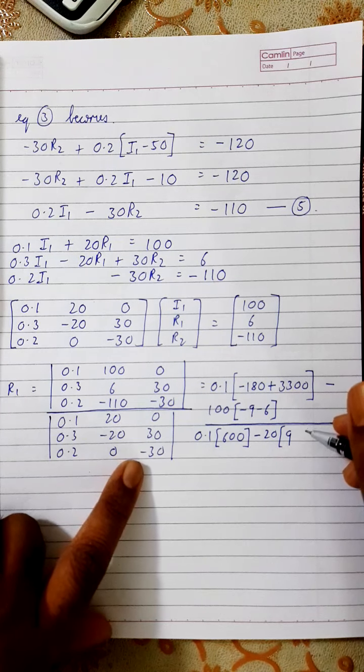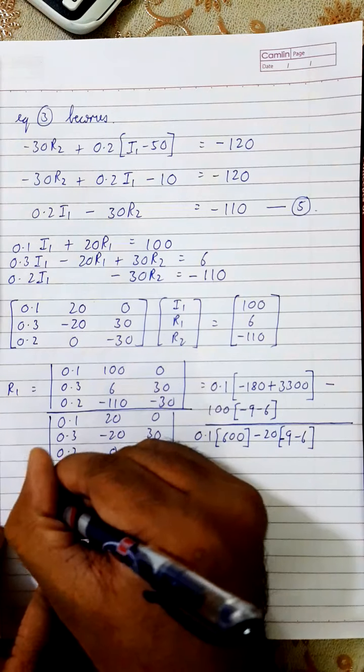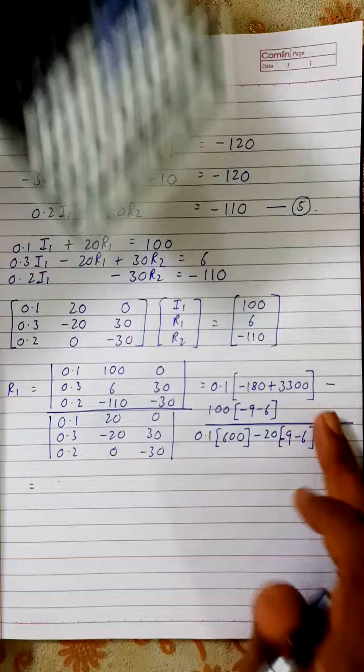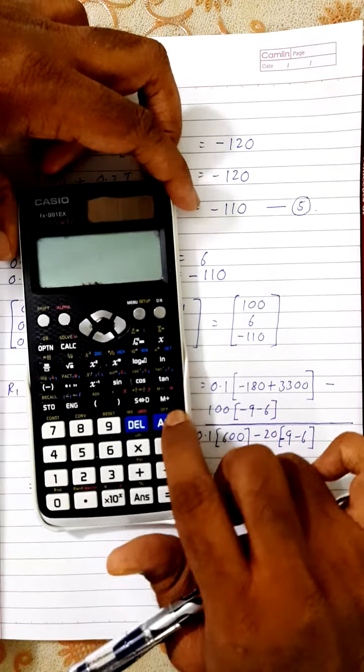So you got this, which is again nothing but, let me see, what is 3300 minus 180?